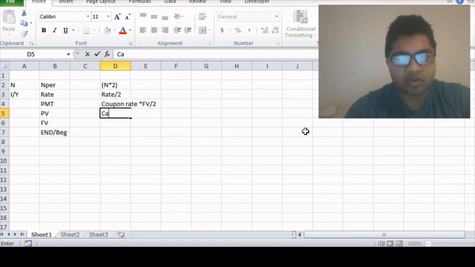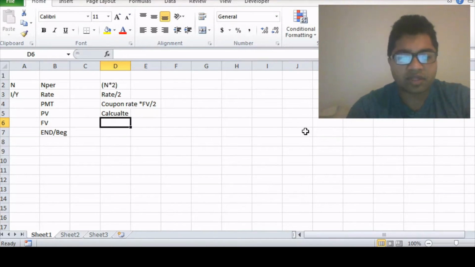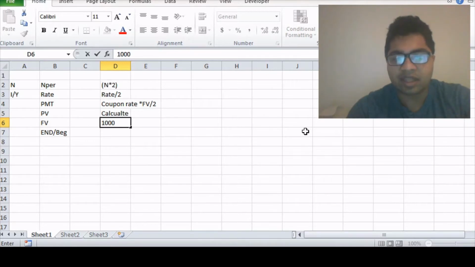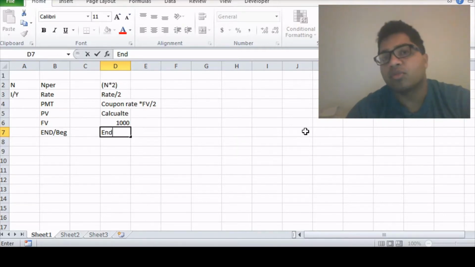Present value is what you calculate. Future value is the par value or face value, let's say 1000. And an important thing is, bond calculations are always done in the end mode. So for calculating bonds, we always use end mode.